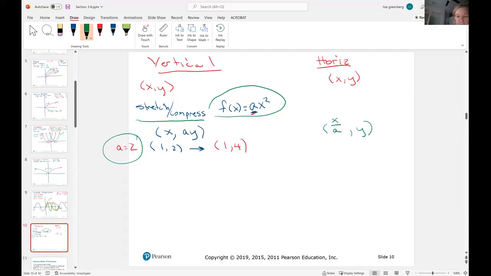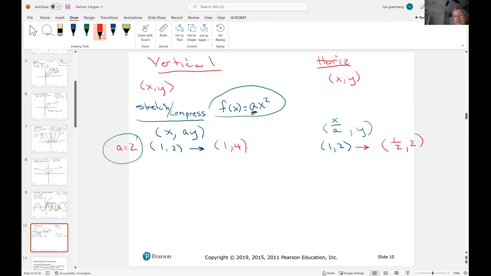So for the point 1, 2, it's going to become 1/2, 2, because all my x values are being divided by a. Even if it's stretching, it doesn't matter. So if a is 2, it's going to be 1/2. If a is 1/2, it's going to be 2.